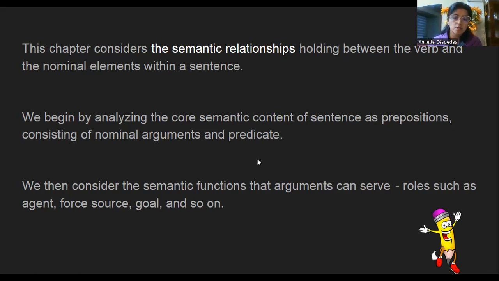Then we can consider the semantic functions that arguments can serve. Roles such as agent or source, goal, and so on.